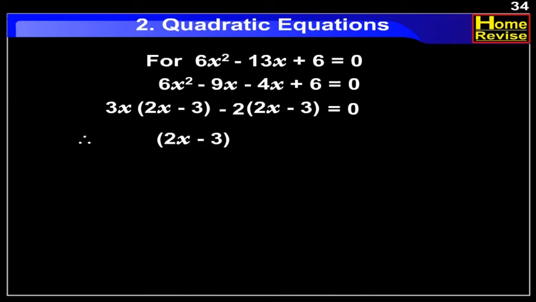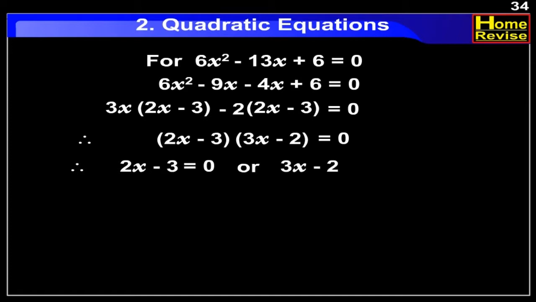Therefore, (2x minus 3) into (3x minus 2) is equal to 0. Therefore, 2x minus 3 is equal to 0, or 3x minus 2 is equal to 0.